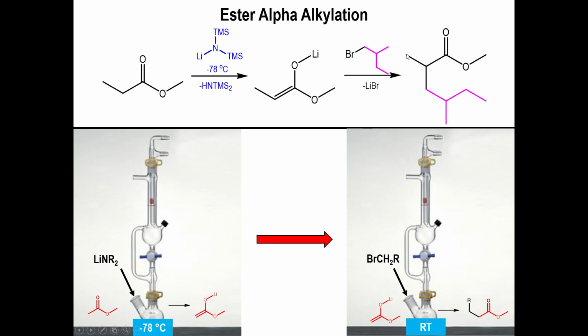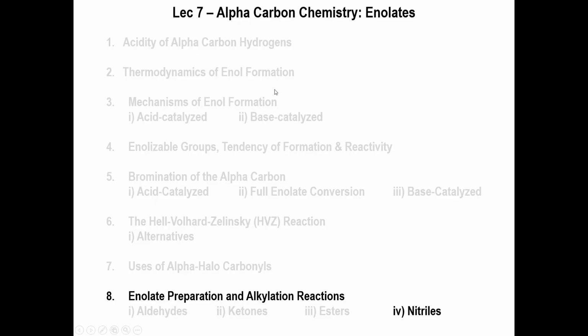That will, in essence, just allow the alkylation to happen like it happened with the ketones, like it happened with the aldehyde. So there's really no difference here. The only difference is that we are dealing now with the ester enolate, that's the intermediate. Aside from that, the conditions are virtually the same as what we did for the ketones.